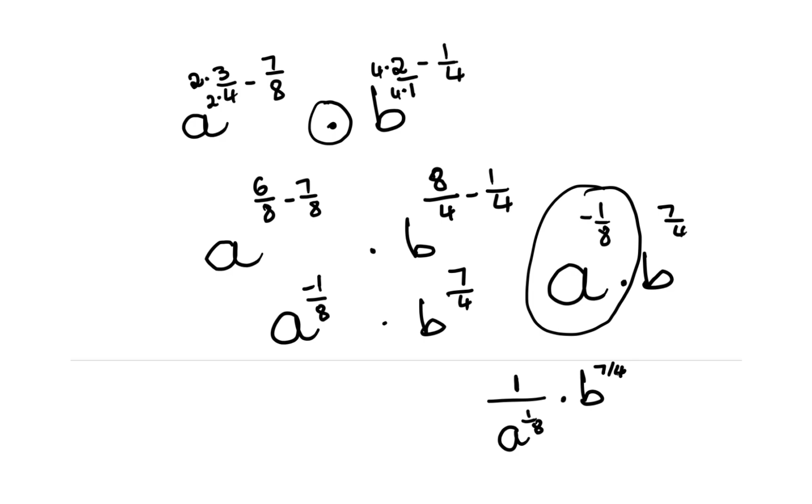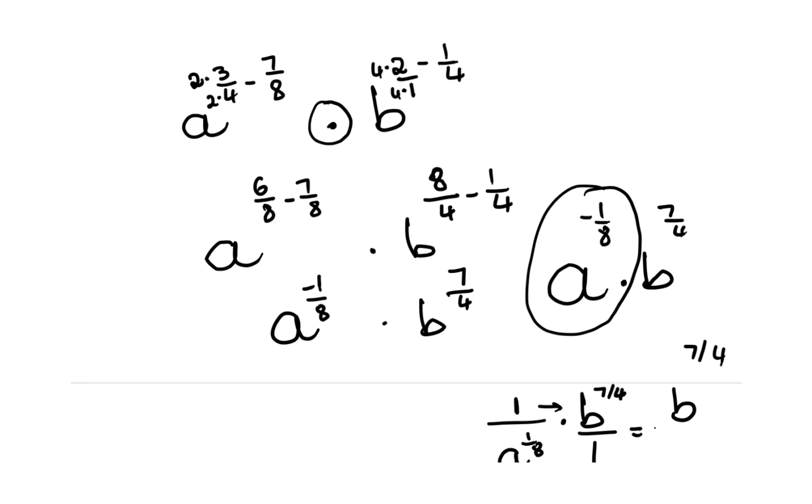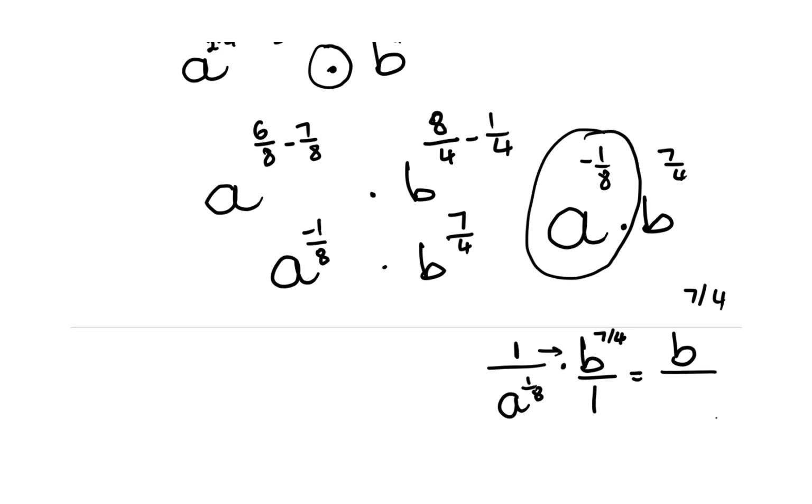Because the exponent is already positive, right? And this is multiplying fractions. You can have one on the bottom, right? And when you're multiplying fractions, you multiply straight. So 1 times b to the power of 7/4, anything times 1 is itself, so b to the power of 7/4 over a to the power of 1/8 times 1, that's a to the power of 1/8. So here is your answer.